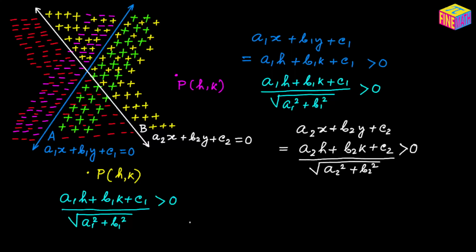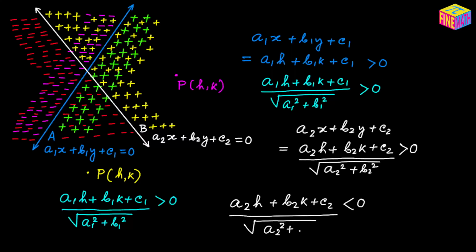But if you think about the straight line B and its expression, using P's coordinates of course, a sub 2 times h plus b sub 2 times k plus c sub 2, this will be a negative quantity. Why? Because now P, the yellow colored P, is actually on the negative region of the straight line B. So in this case, this quantity will be negative, and if we divide that by another positive quantity, the square root of a sub 2 squared plus b sub 2 squared, that quantity will be negative.